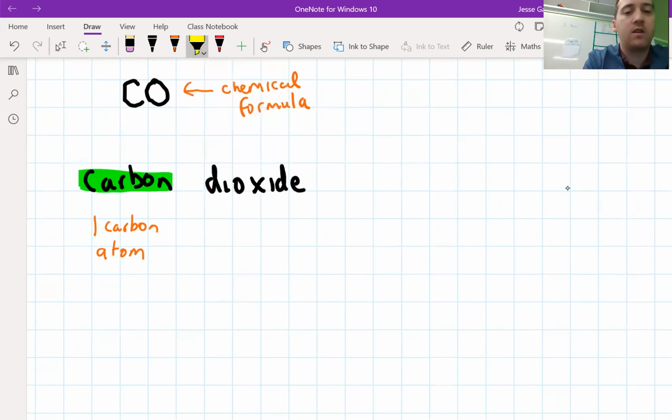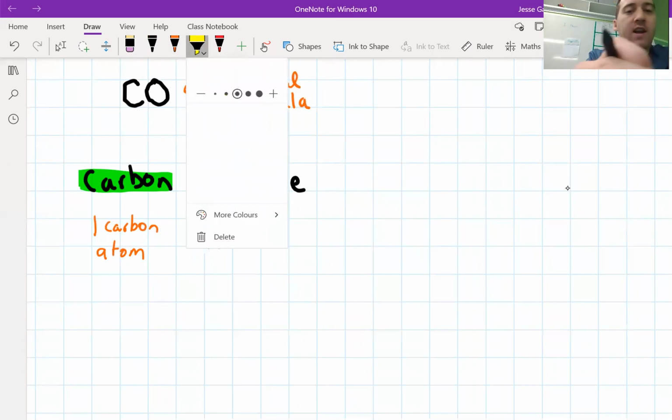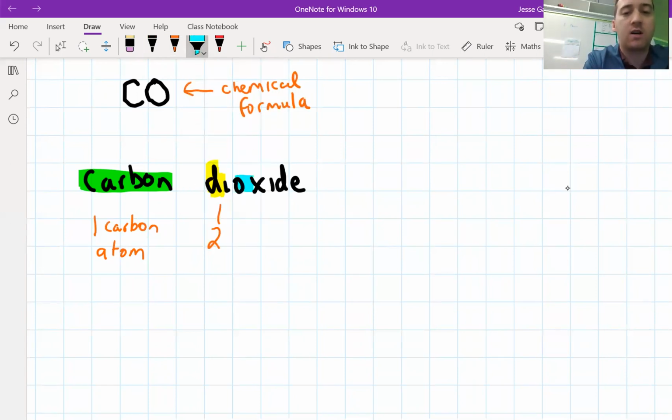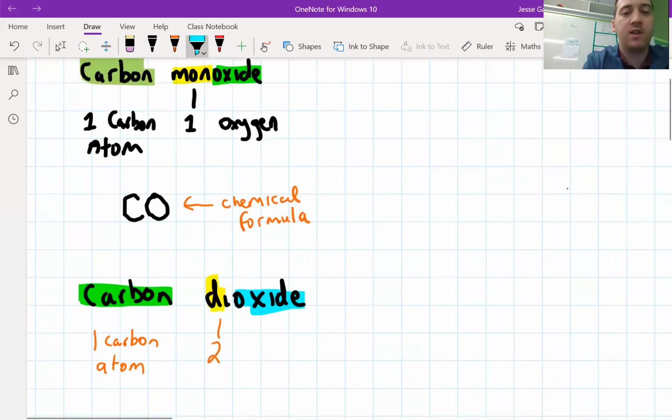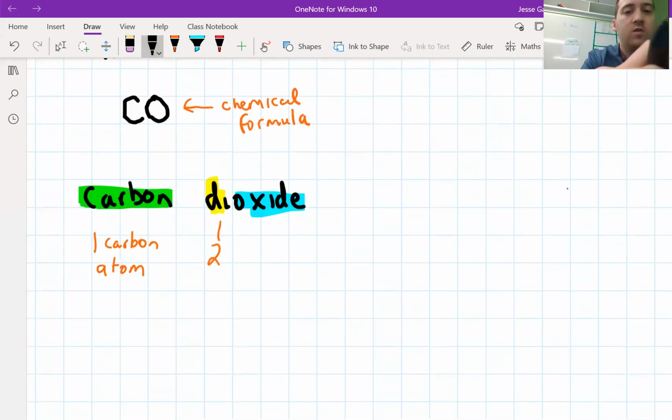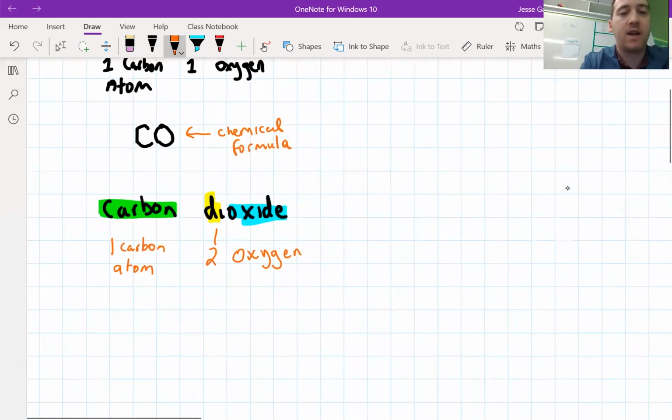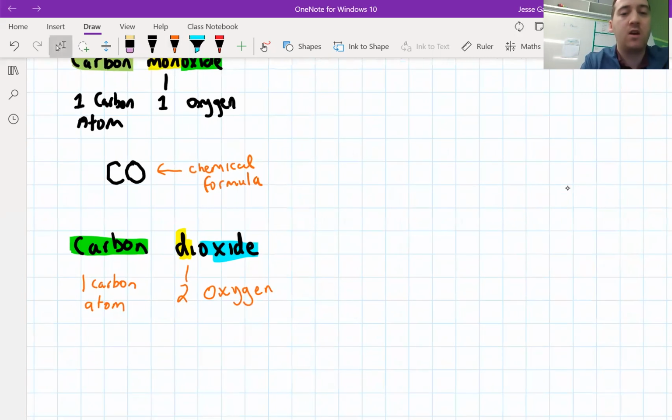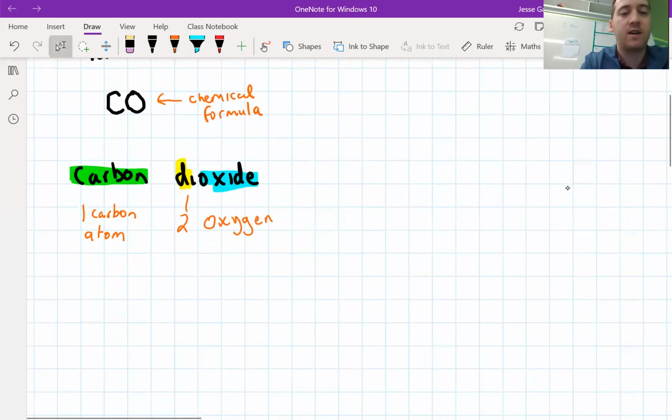We've also got this word here, di, and that means 2. Then lastly, we've got this word, oxide, which again is the same as above, it just meant oxygen. So 2 oxygen. This is a little bit different from before. It's got the same elements, carbon and oxygen, but this time it's carbon dioxide.